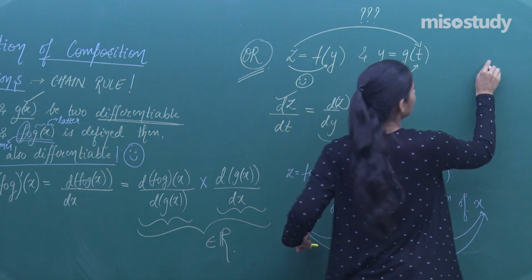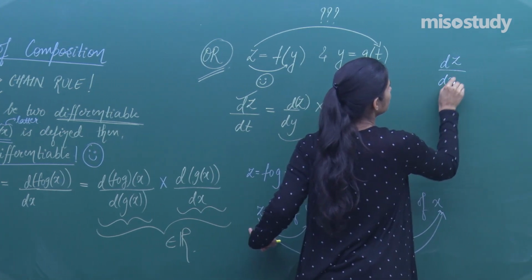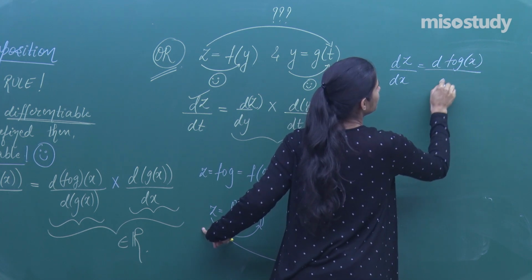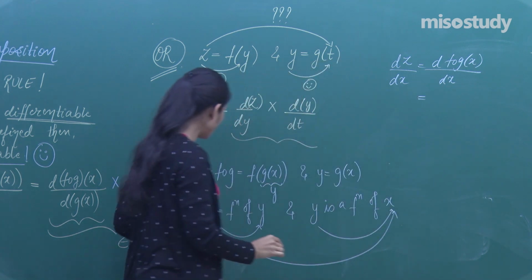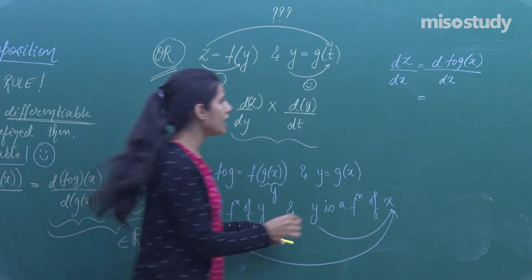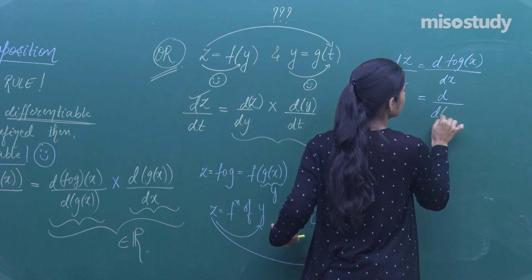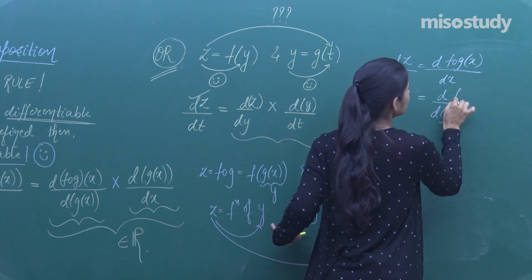So the derivative of z with respect to x is the derivative of fog with respect to x. This is given by the derivative of z with respect to y. Y is what? Gx. Z is what? fog.